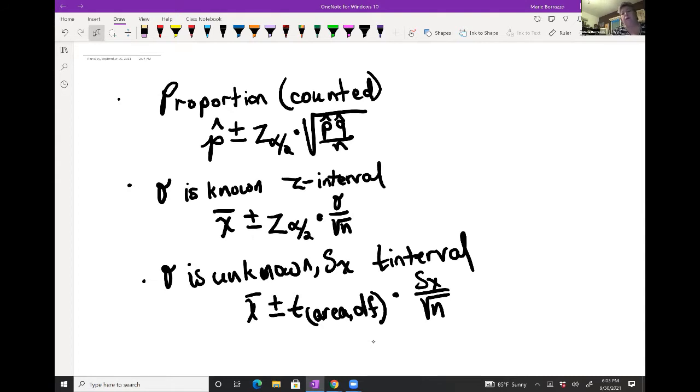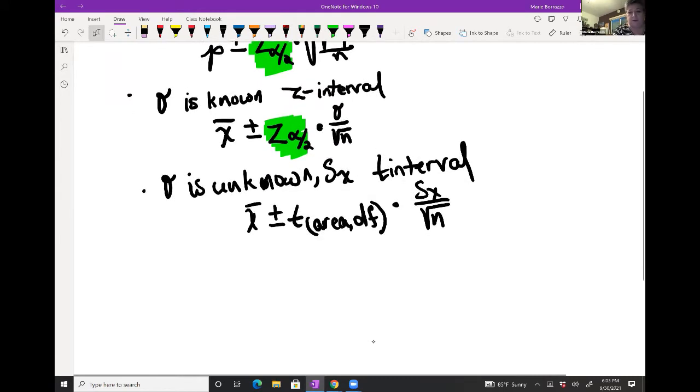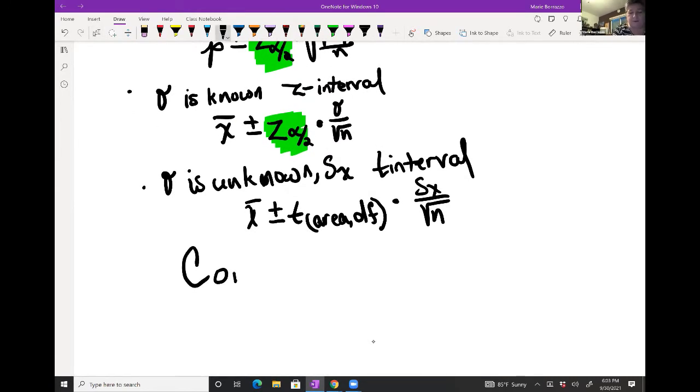Okay, since we're only focusing on these two, I want to talk about the critical z values. So look at where I'm highlighting. Those are critical z values. You can actually look them up. And what you need to remember when we deal with this is that confidence intervals are always two tails.